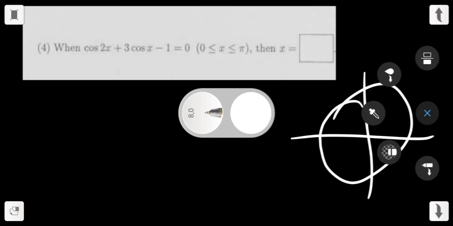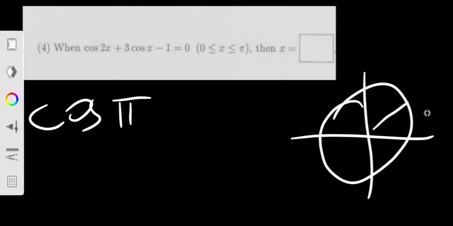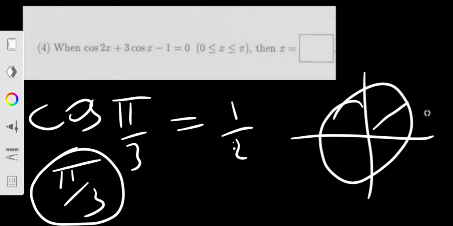Okay, so in this part the cosine is positive, so we will only have one cosine of a half, which is when cosine of pi divided by 3 is equal to a half. Okay, so pi divided by 3 is our answer. Now the other one here would be negative, and the other one would be here, but it is outside our interval. Okay, so pi divided by 3 is the answer.